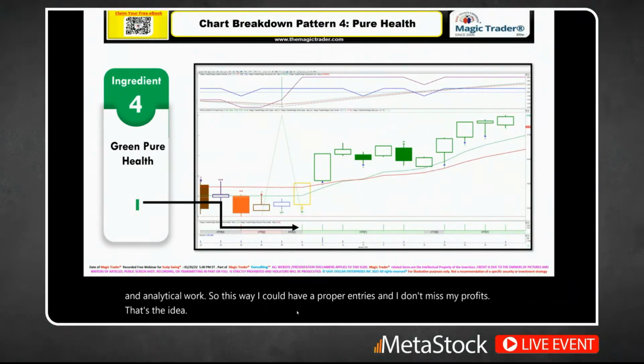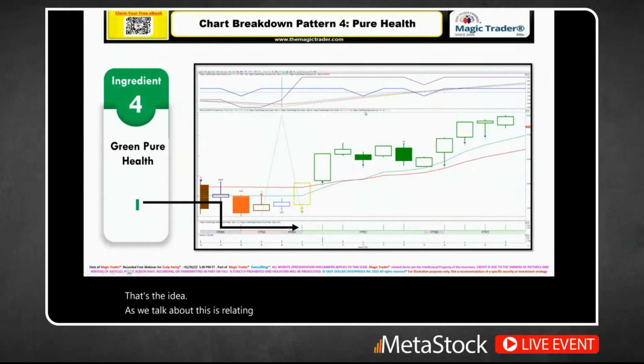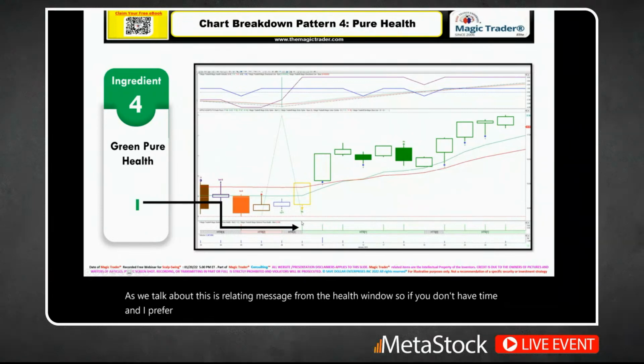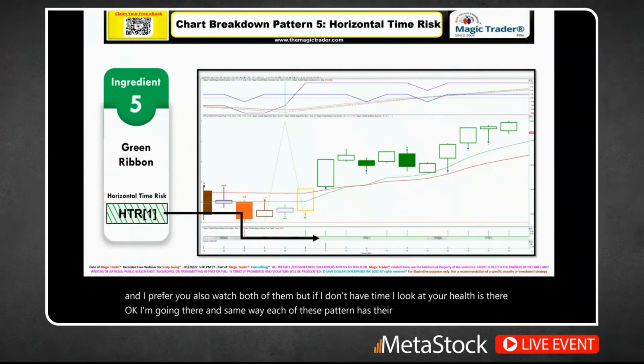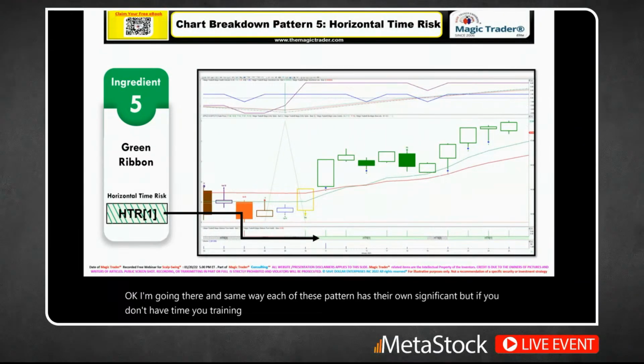Now, as we talked about, this is a related message from the health window. If you don't have time, and I prefer you watch both of them, but if I don't have time, I look at it, oh, pure health is there, okay, I'm going there. And in the same way, each of these patterns has its own significance. But if you don't have time, you're trading 5, 6 securities. How many things can you do?